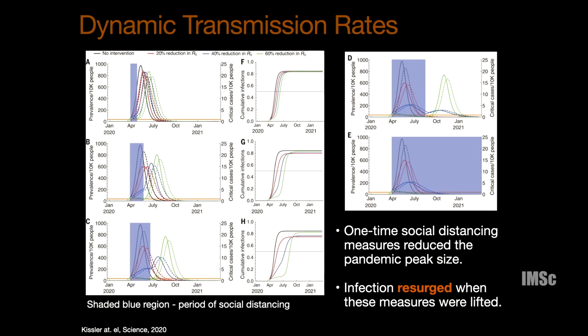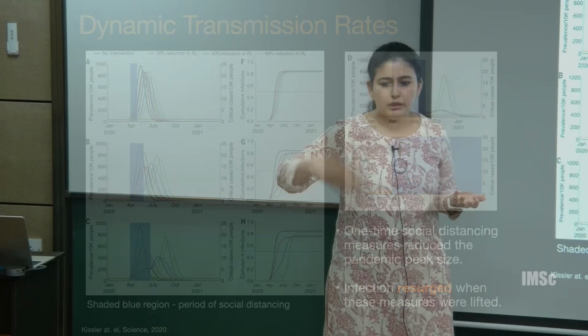And a very important thing here is that if you look at this 60% reduction case, the peak reached a much higher value than it did for 40% and 20%. Why this happened is because there was a very strict lockdown during this time, so people couldn't actually gain immunity, right? People recover by catching the infection as well.